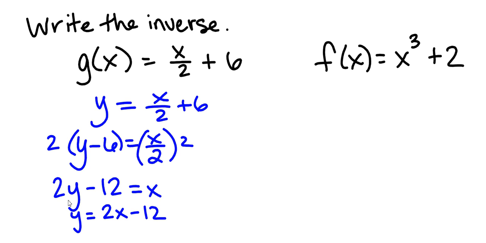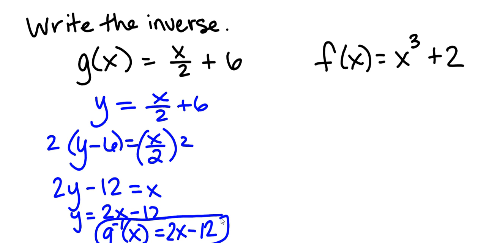I just flip this around and I switch my variables at the same time. And then I'm going to write it in terms of the inverse of g of x. So I'll say g inverse of x equals 2x minus 12. Okay?